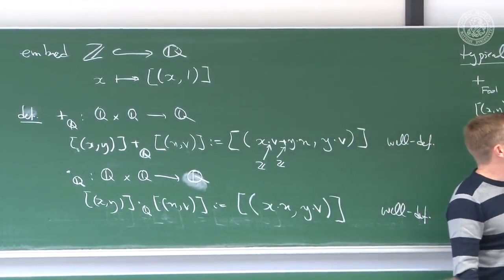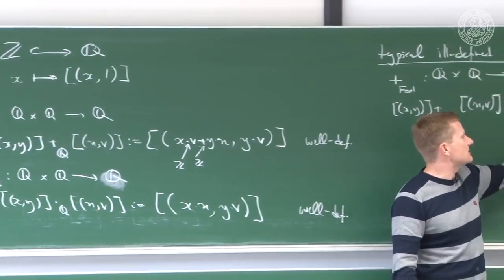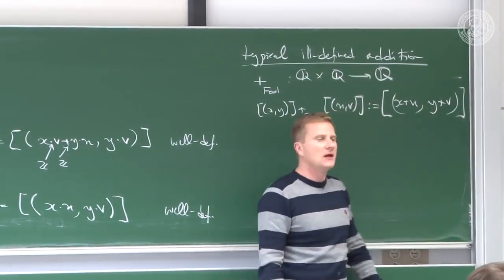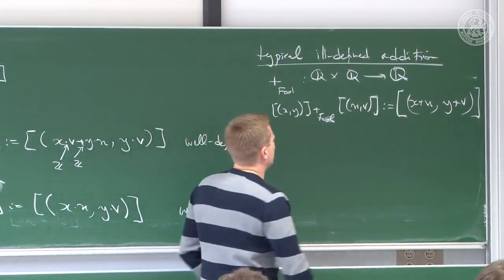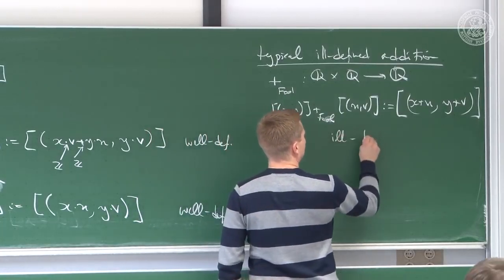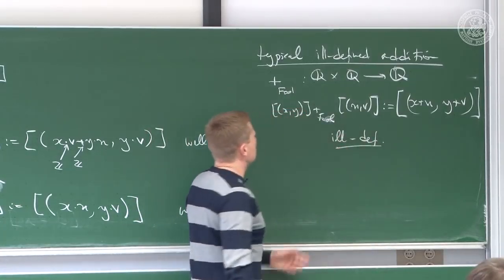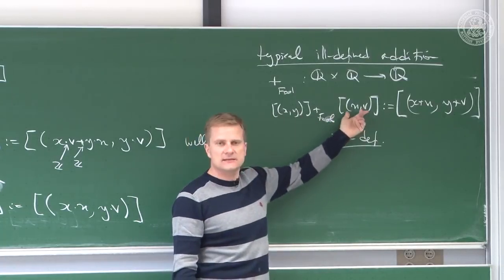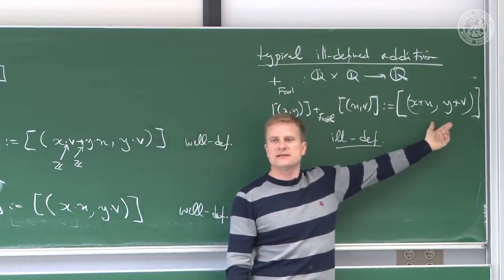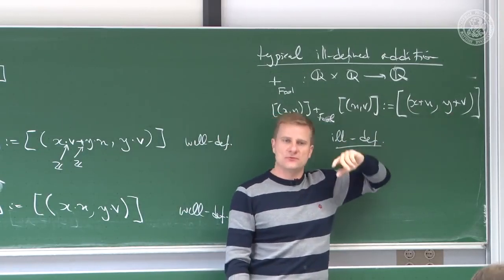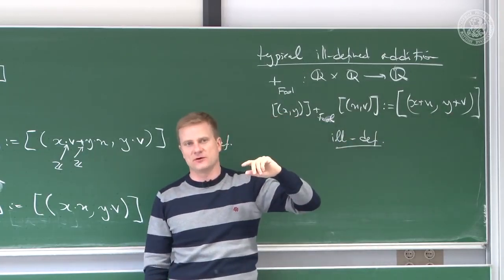So if you take the sum of the numerators and the sum of the denominators, you might delude yourself into defining an addition, but it will actually turn out this is ill-defined. If you now choose different representatives for the same fractions, this addition will generically yield a different fraction than with the representatives you chose before.